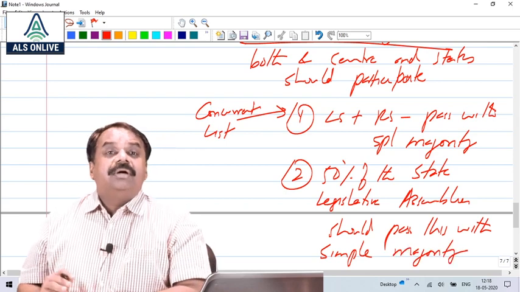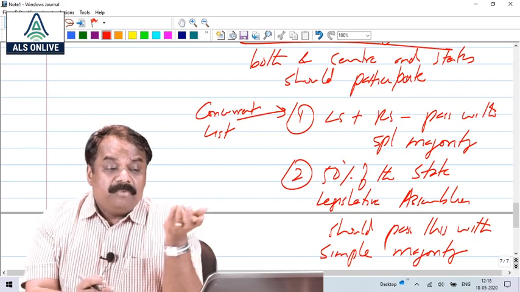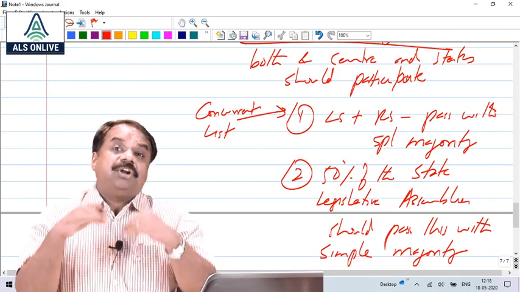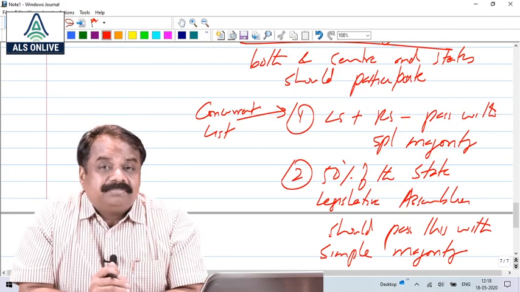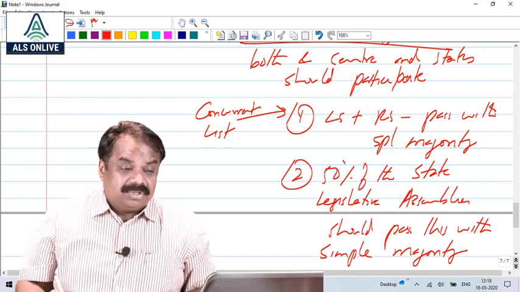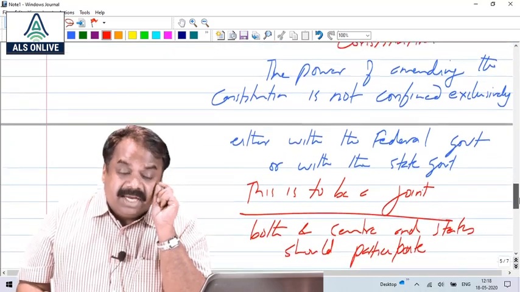So, you see, 50% of the state assemblies will have to pass it with simple majority. When both activities have been done, the matter will go for the assent of the President, the signing of the President of India. So, you can imagine it is a joint exercise. So, the fourth point is rigidity of the constitution, and this rigidity is very clearly mentioned in India also.